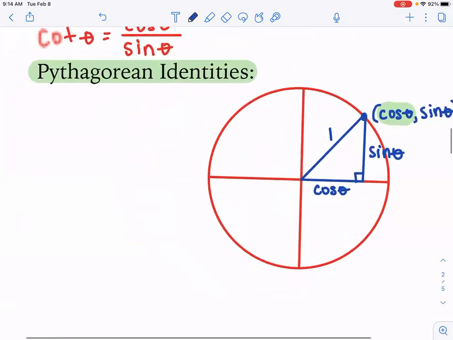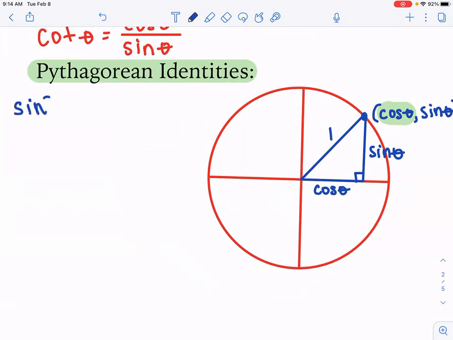So if I use the Pythagorean theorem on that cute little triangle right here, we have side squared plus side squared equals hypotenuse squared. Or, write this down, sine squared theta plus cosine squared theta equals 1. This will be one of the most important ones that you have to use.